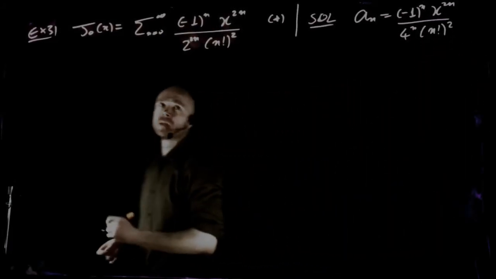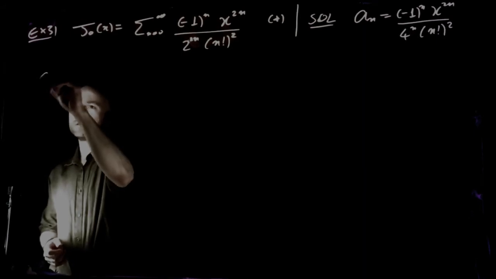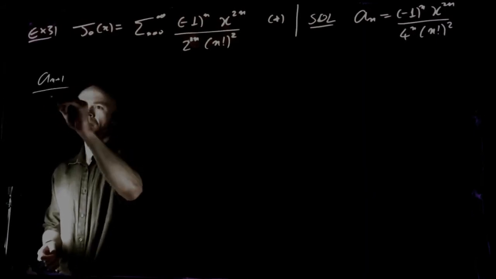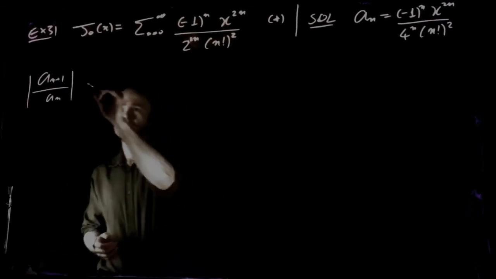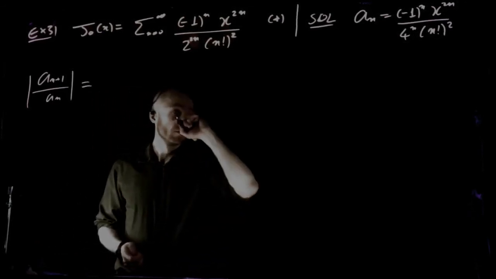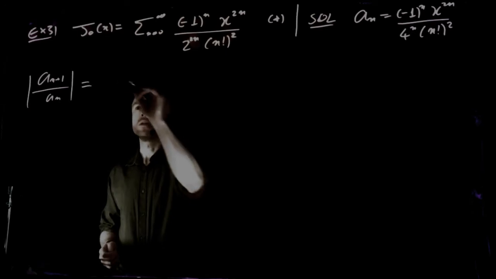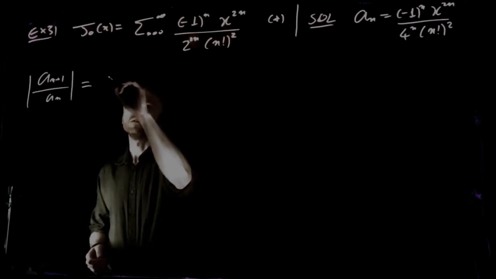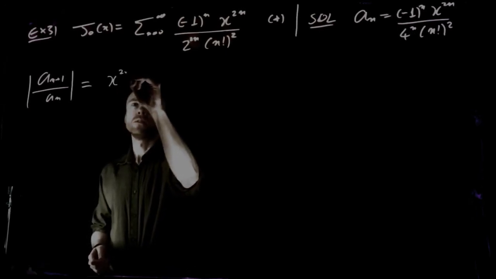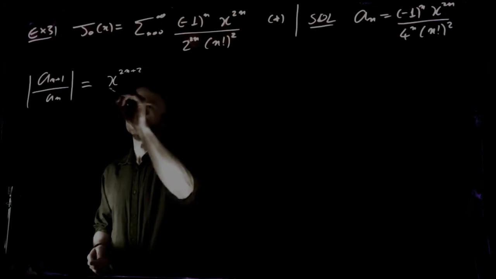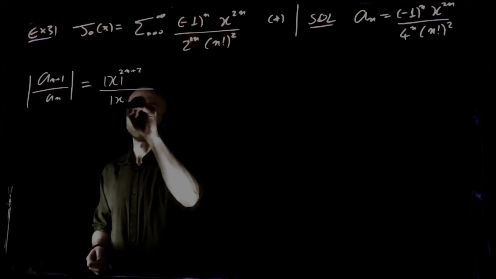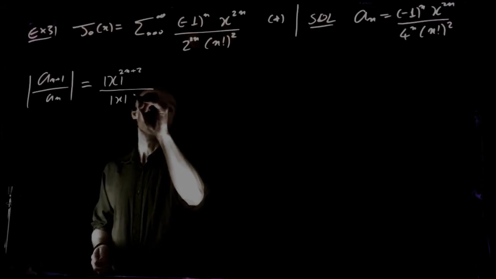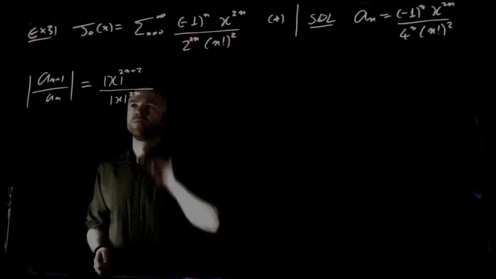Yeah? And then same thing as always, a_{n+1} over a_n in absolute value. We're going to set up the ratio test. What are we going to get? We are going to get absolute value of x to the 2n plus 2 over mod x to the 2n.